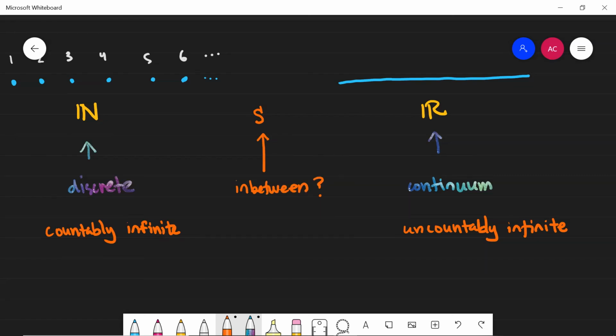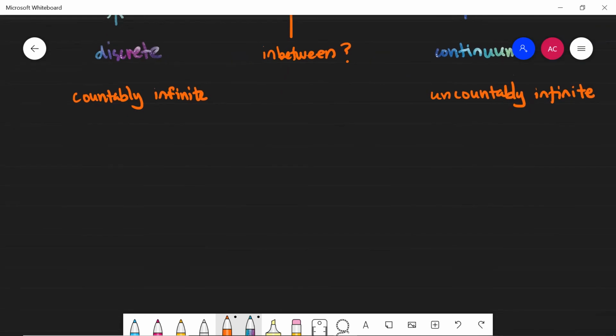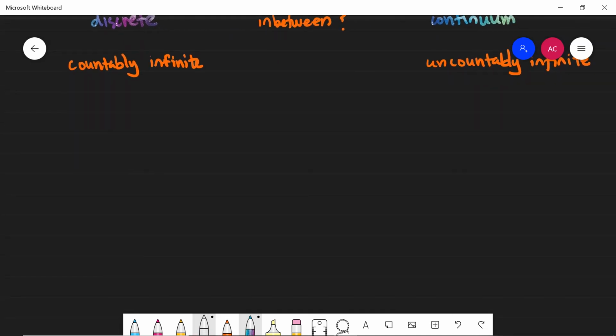This is called the continuum hypothesis.